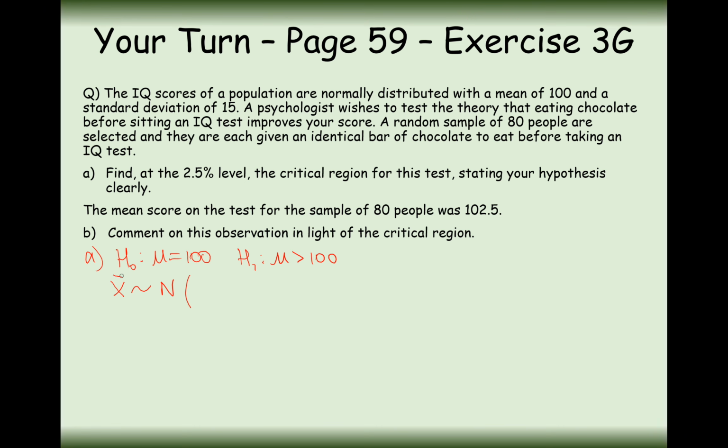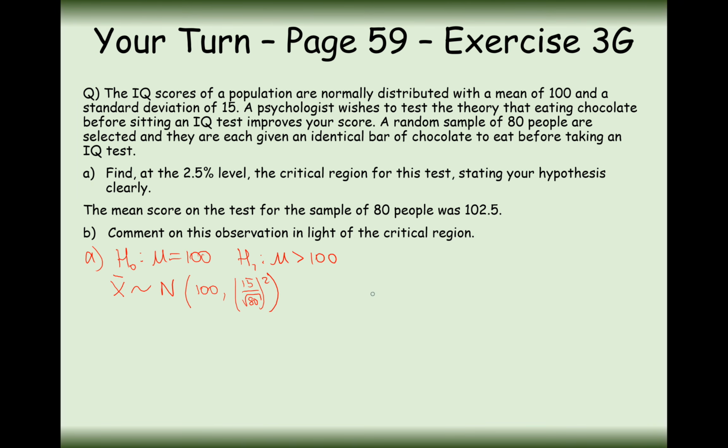Now this is the sample distribution here, so it's X bar tilde N(100, (15 over the square root of 80) squared). So this is the standard deviation for the sample, for all the samples.